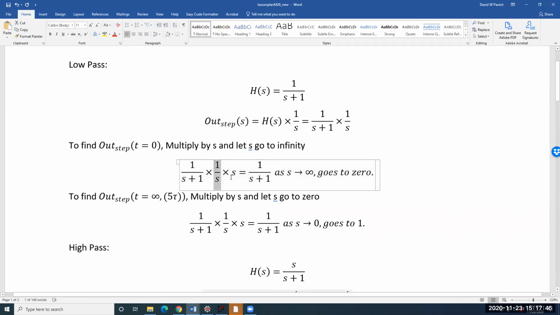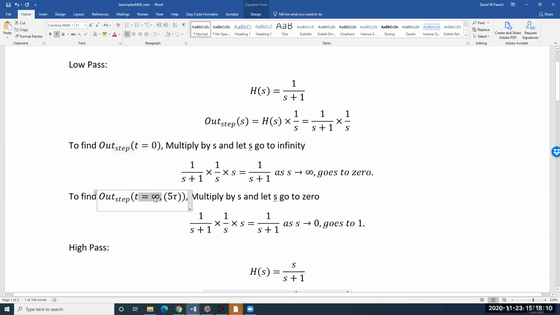So basically, with the step response, the S's cancel. We're left back with H of S, and we let S go to infinity, and then this expression goes to 0, right? So yeah, for a low pass filter, it starts at 0.